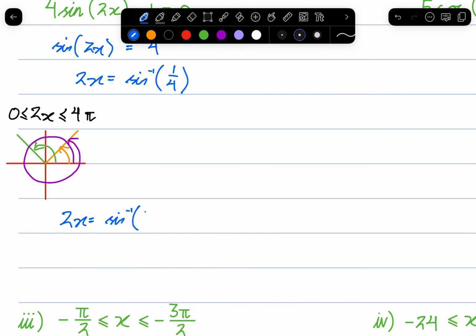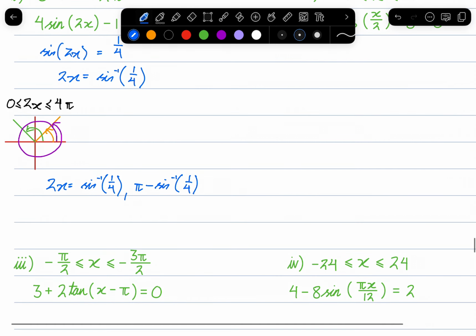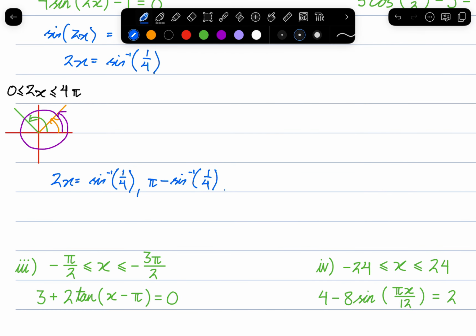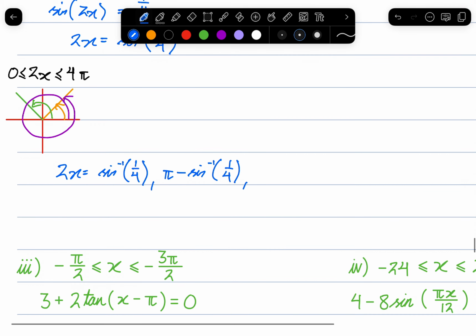So from here, we go 2x equals sine inverse of 1/4, that's quadrant 1, pi minus sine inverse of 1/4, sorry, quarter. That is quadrant 2. Then from here, I'm going to write out in the second line, this is going to be the same. So sine inverse plus 2 pi.